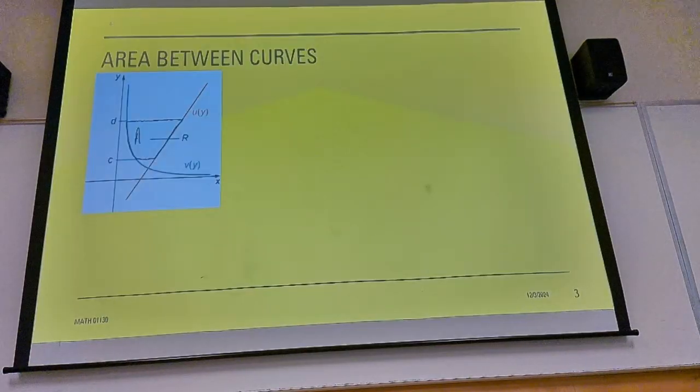What about that difference? That's the area between curves. You're saying the right function minus the left function? Yeah, that's what I was trying to get. The integral of that.